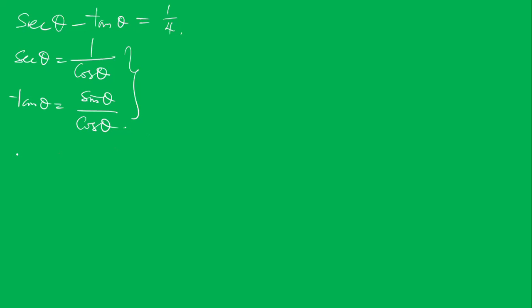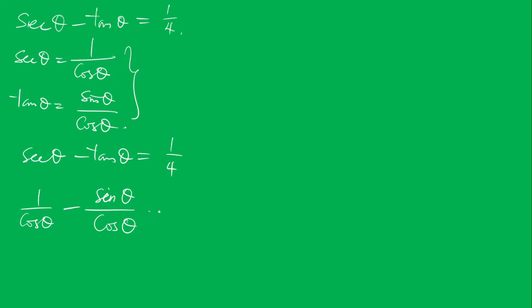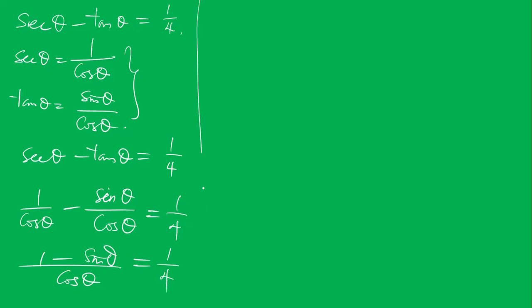So using this expression, we can change sec theta minus tan theta equal to 1 over 4 to 1 over cos theta minus sine theta divided by cos theta, which is equal to 1 over 4. So now we have 1 minus sine theta all divided by cos theta is equal to 1 over 4.